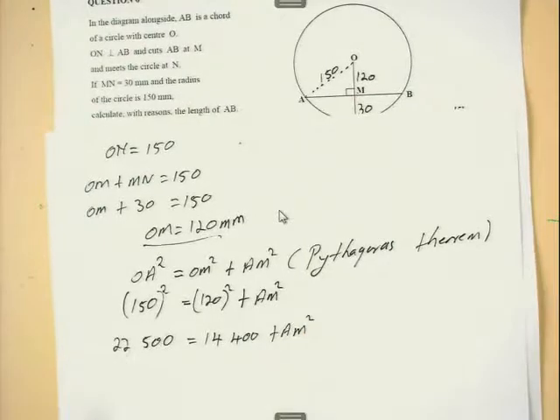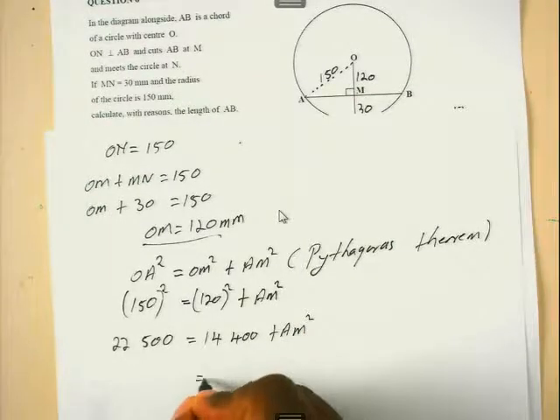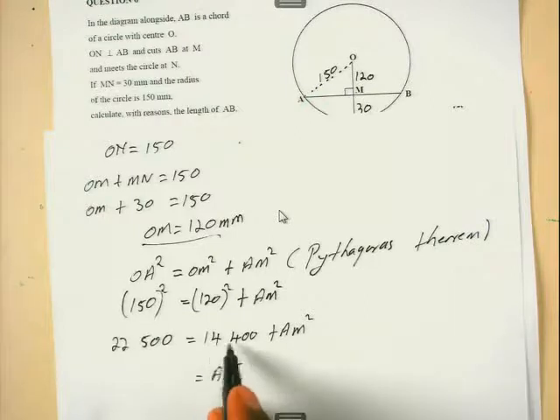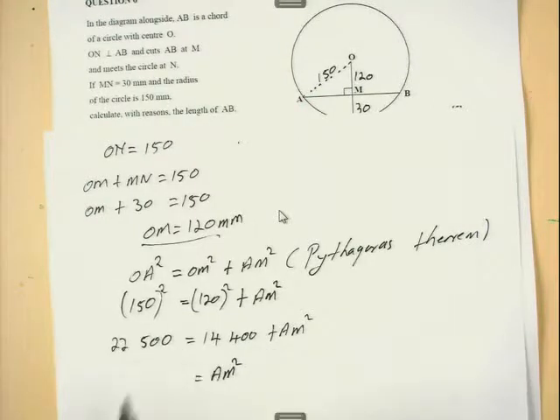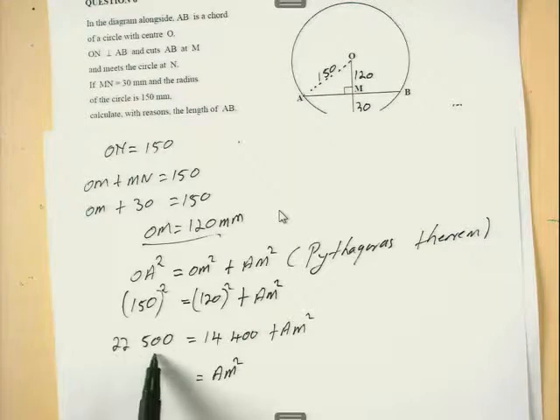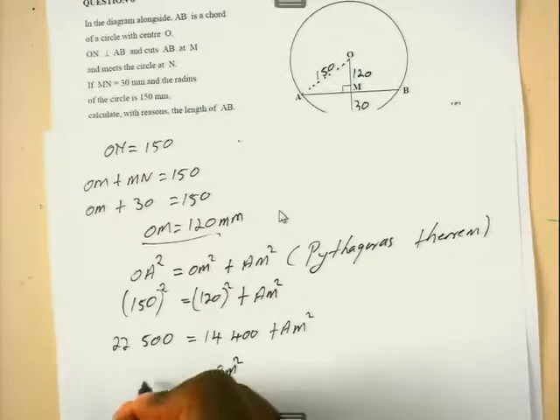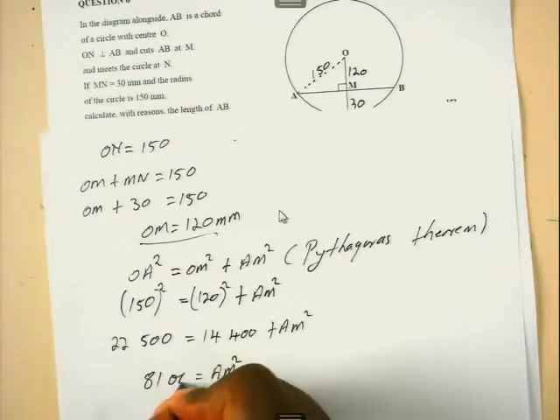Now it becomes easy to determine AM squared. We group the like terms and transpose 14,400 to the left. Then you've got 22,500 minus 14,400. Let's check the difference: 8,100.